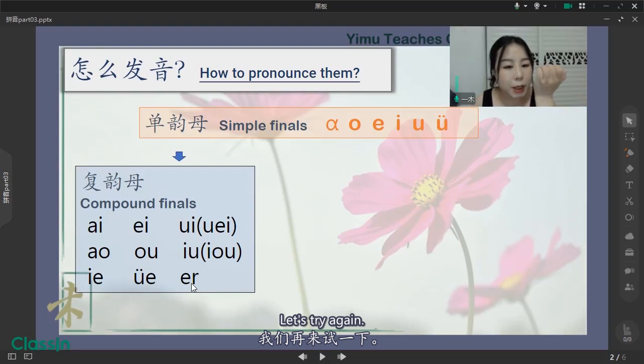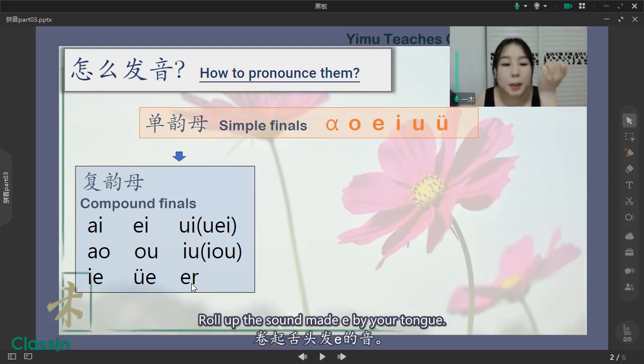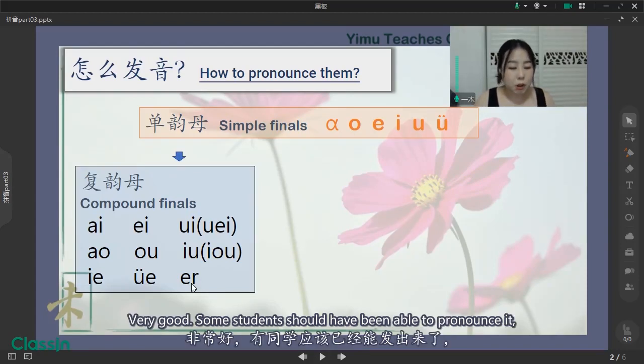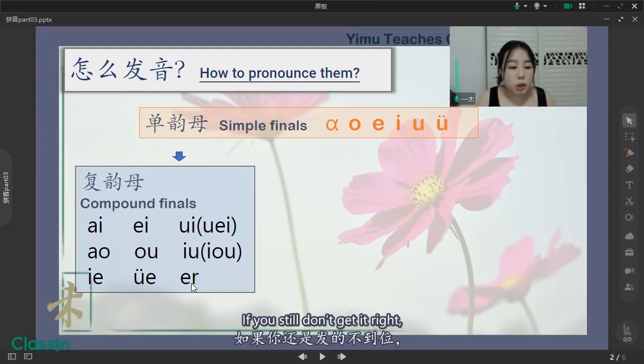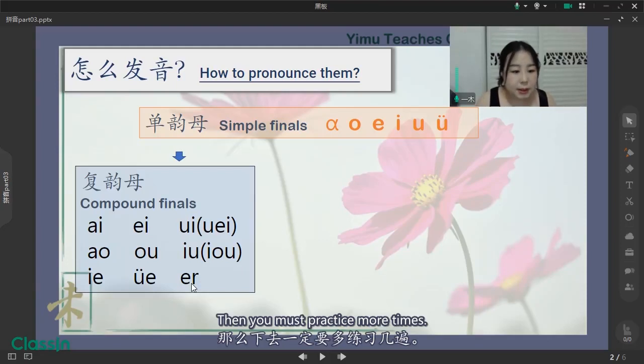Let's try again. Roll up your tongue to make the sound. Very good. Some students should have been able to pronounce it. If you still don't get it right, then you must practice more.